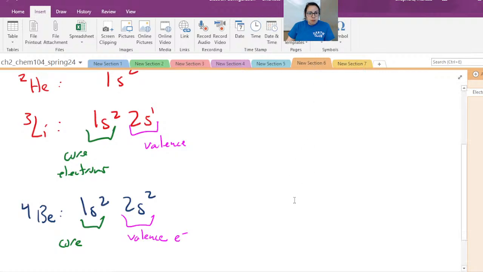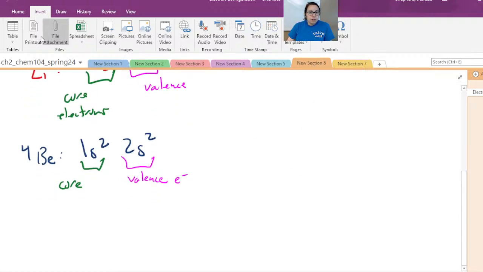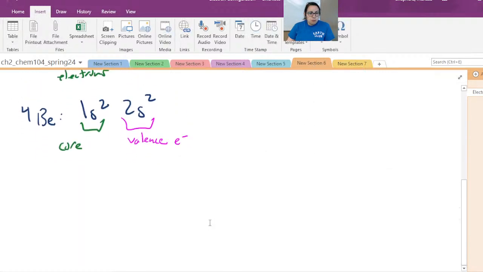All right, so let's try to write our electron configuration for boron then. So go ahead and try that for a second.